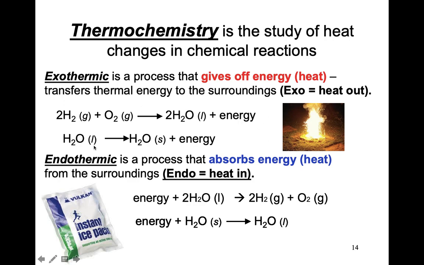On the other side of the coin, we have water and water, but this is liquid water going to solid water. That's odd.